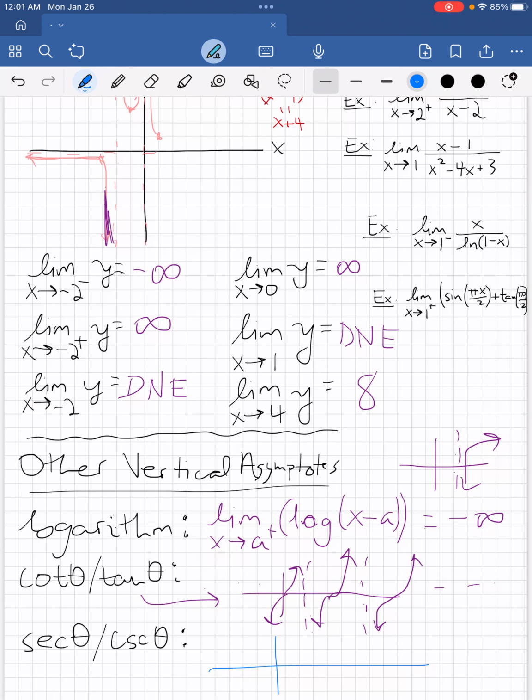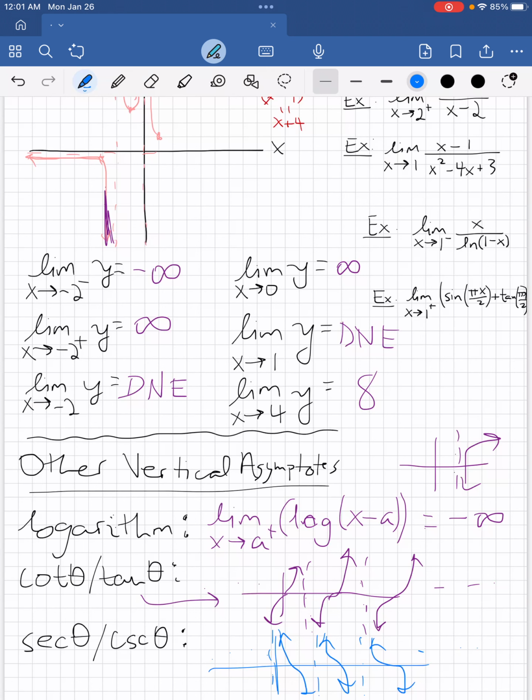So when x is 0, we have this vertical asymptote, and then we have it again at multiples of pi. So with cotangent, the graph looks like this. So it's almost like a shifted and reflected tangent graph. And then it continues in both directions.